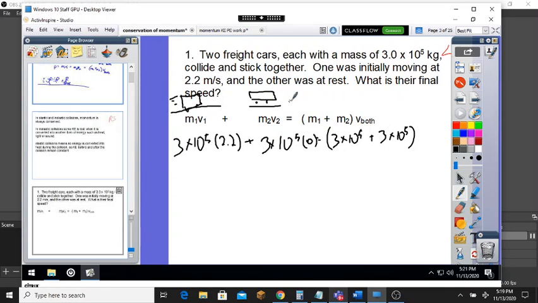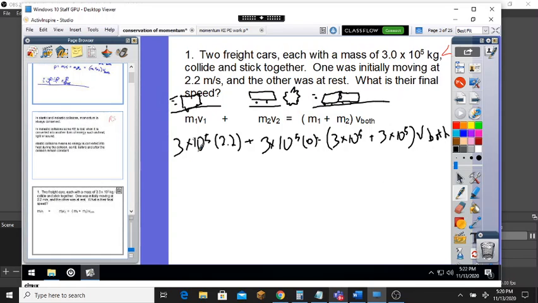So when they crash, let's say here you have a crash, right? Now that they crashed, they are both going to be moving, right? How fast are they moving now? If this guy was moving at 2.2, it crashed into one that's not moving. Now they're both going to be moving, but how fast are they going? Okay, so that's V both.